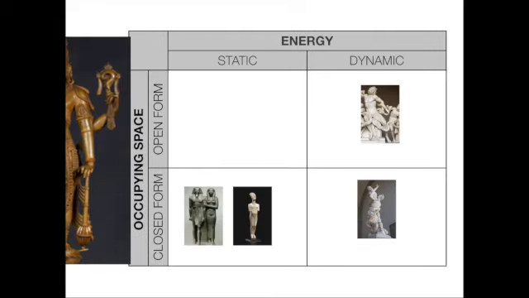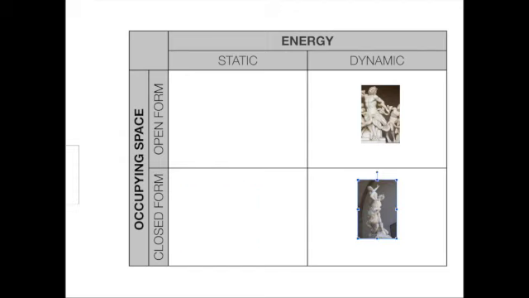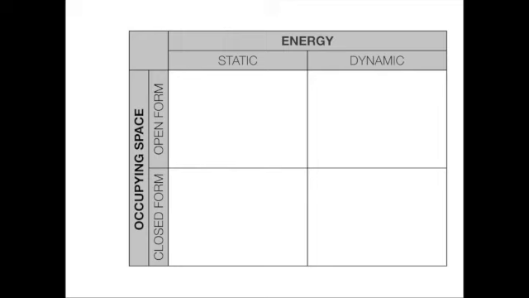So for example, if I were to take a look at this piece here that we saw, the first thing that I want you to do is to think about how this figure is occupying space, right?